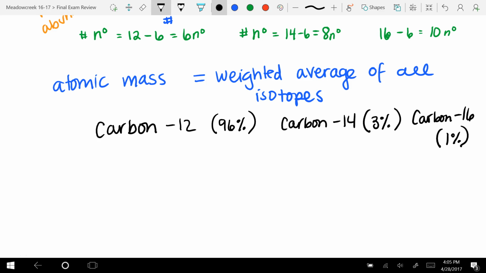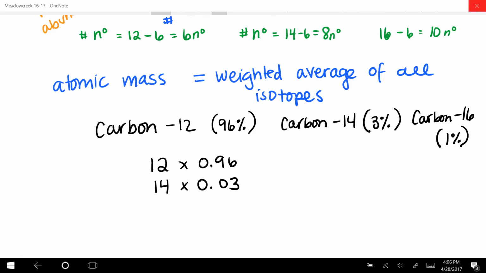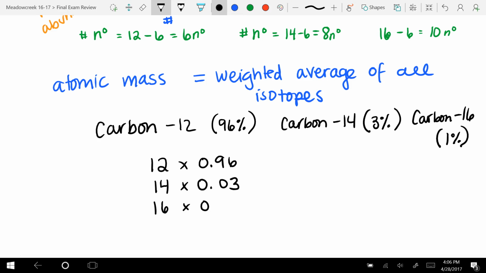Okay, we would calculate this into the weighted average. So what we would do is take the mass and multiply it by our percentage, and to multiply by a percent, you have to convert to a decimal. We have 12 times 0.96, 14 times 0.03, and 16 times 0.01.